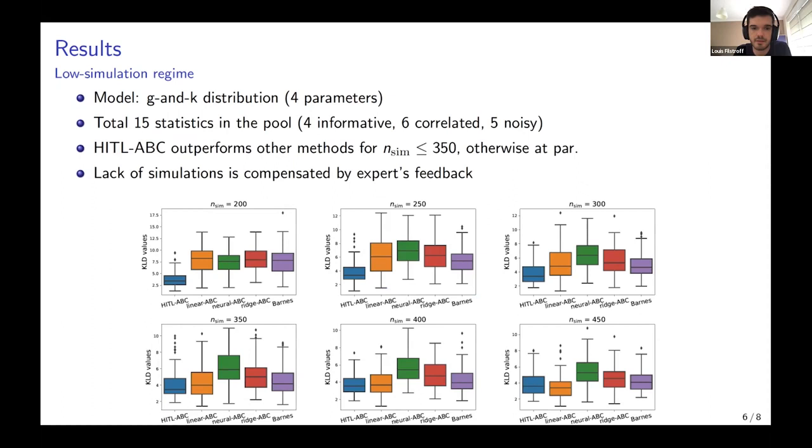And what you can see on these plots is that when the budget of simulation is limited, we outperform all the other methods, and as the budget of simulation increases, then the performance of all methods starts to be basically the same. And so when the budget of simulation is limited, it's compensated by this expert's feedback, this additional information that we can bring into the model.